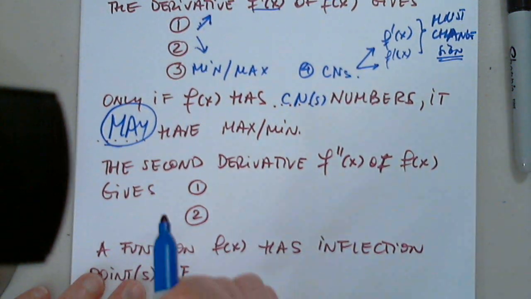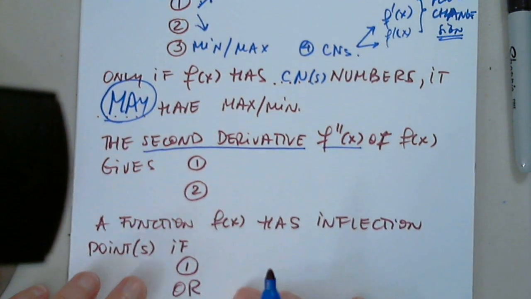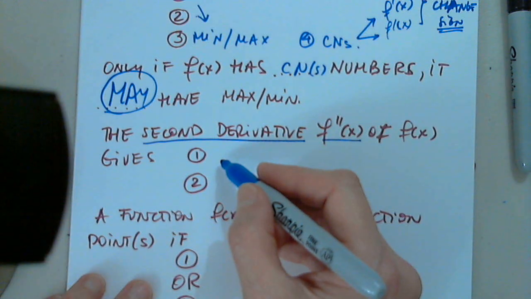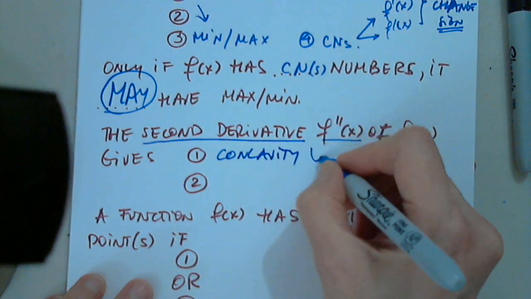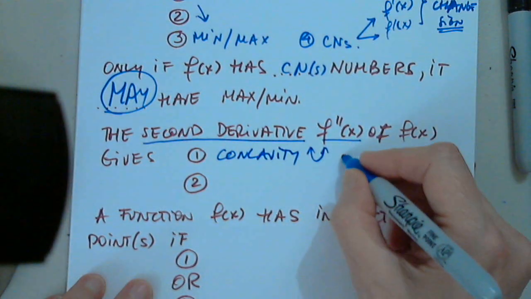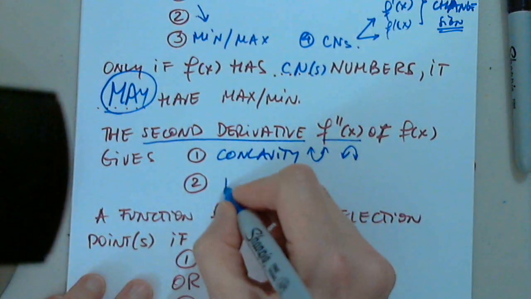Now, the second derivative of f of x gives concavity. Yes. Either holding water or not. Inflection point. Very good.